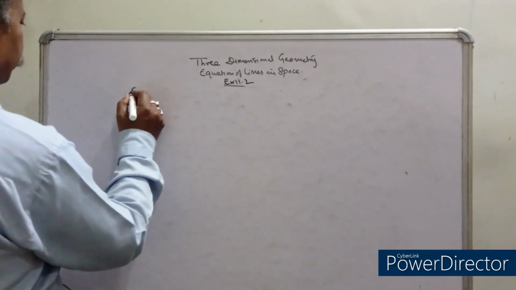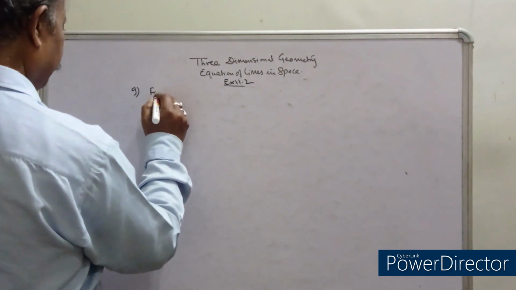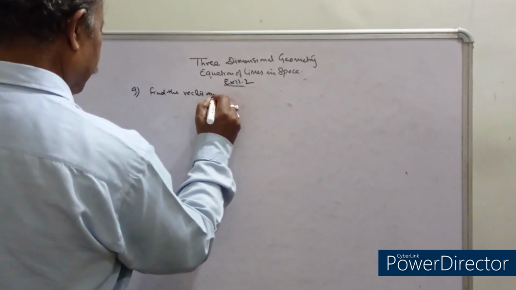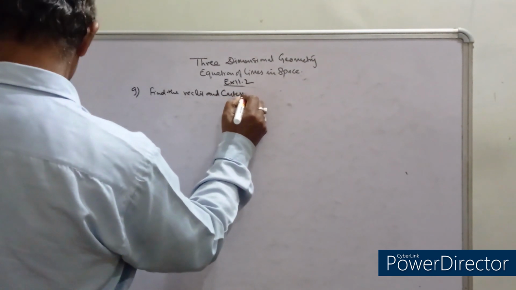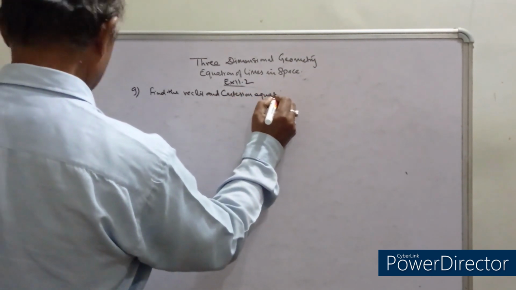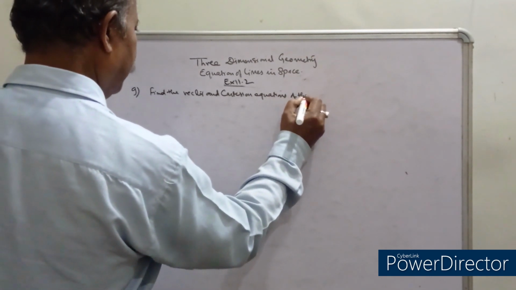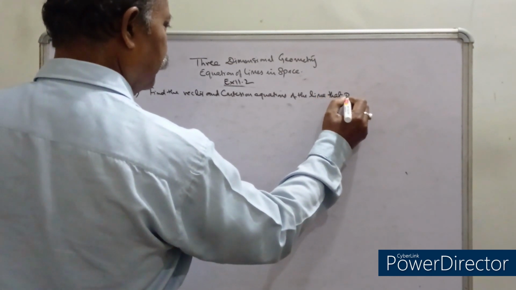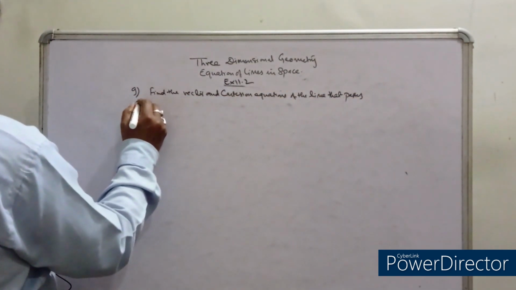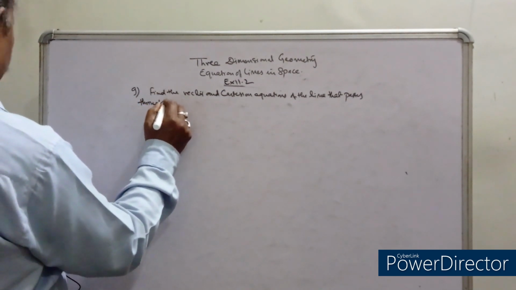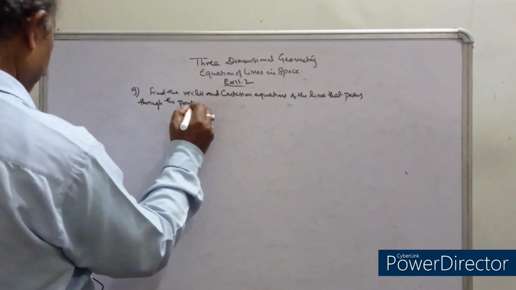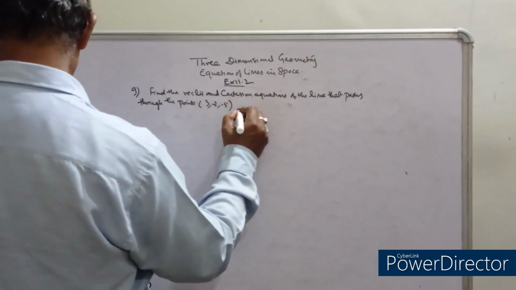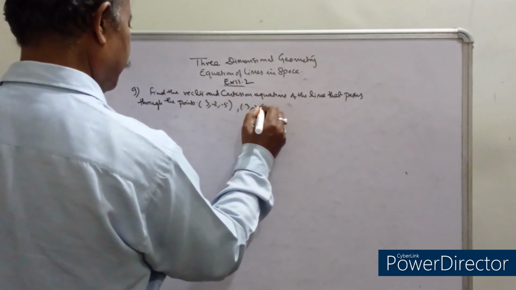Now question number 9, find the vector and Cartesian equation of the line that passes through the points (3, -2, -5) and (3, -2, 6).